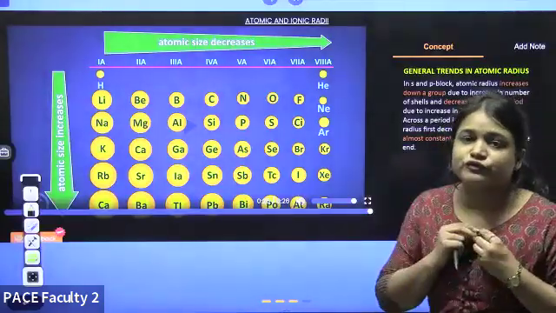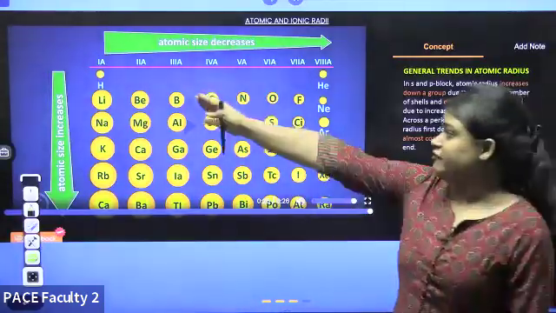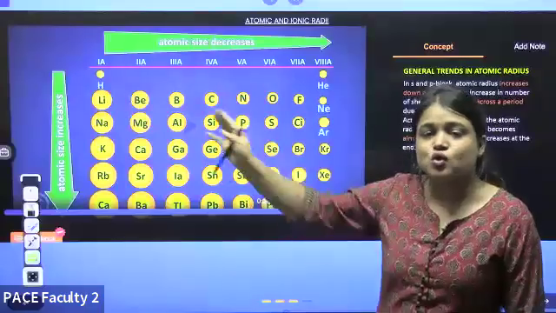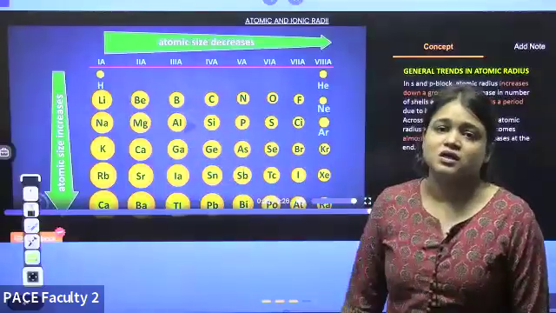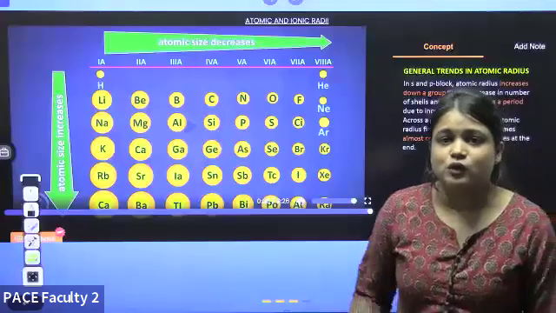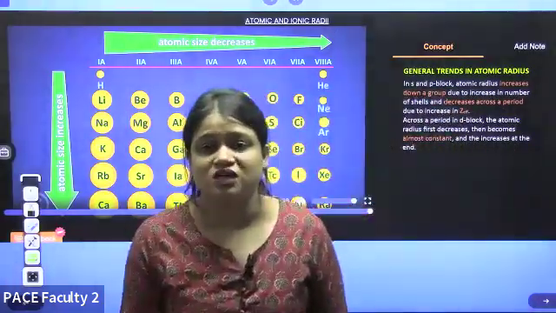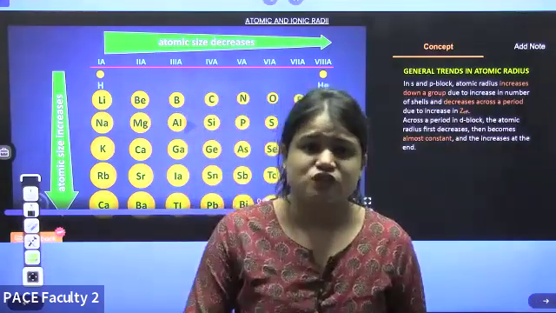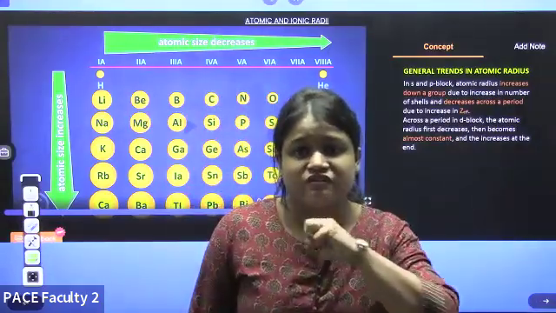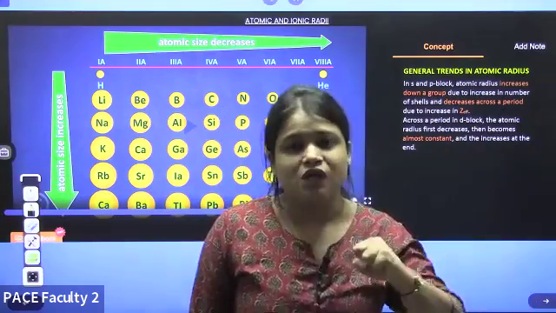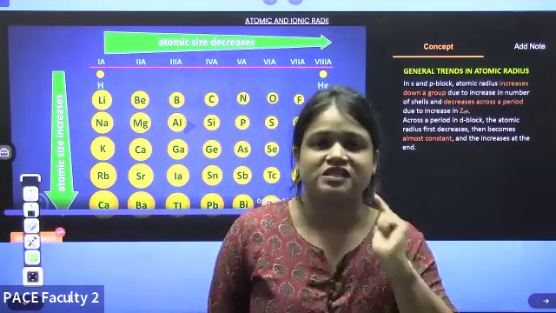So as you move from left to right, you can see in the diagram also, atomic radius keeps on getting reduced because the shell is the same and the number of protons in the nucleus is increasing. This increase of number of protons gives a strong pull toward the electrons.